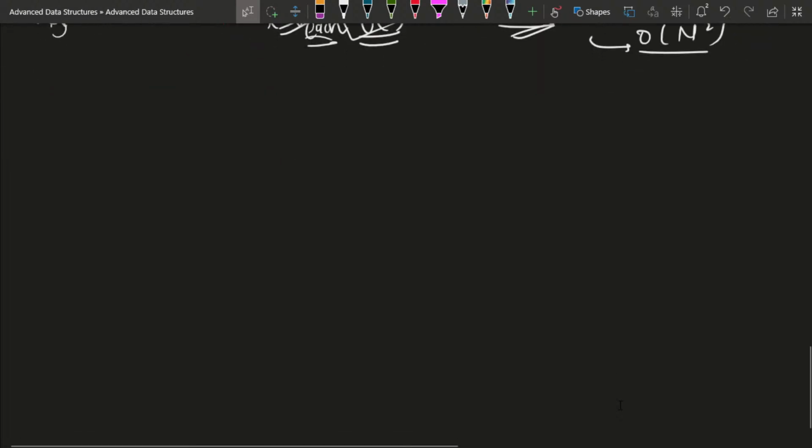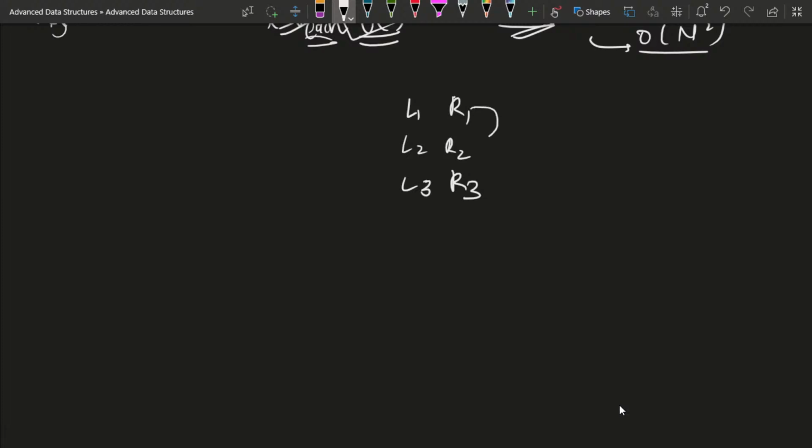Suppose these were the queries L1 R1, L2 R2, L3 R3. Then the time complexity to move from this query to that query is the mod of L2 minus L1 plus the mod of R2 minus R1. So this was the time complexity.